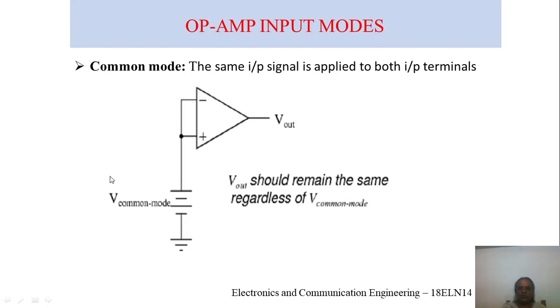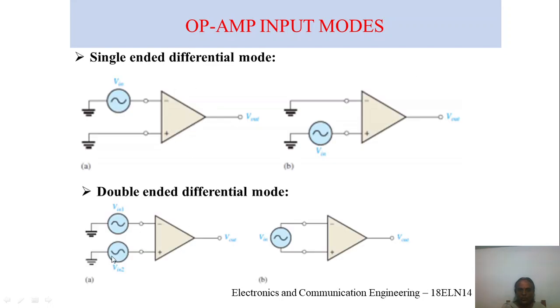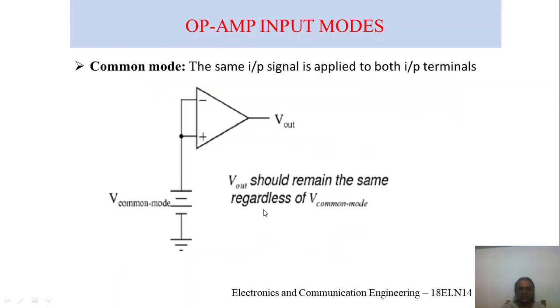Common mode voltage means here, as we have seen, these two voltages are combined. These two are shorted, and we are going to give the common mode voltage. Remember that the positive polarity should go into the op-amp IC, whereas the negative is grounded.